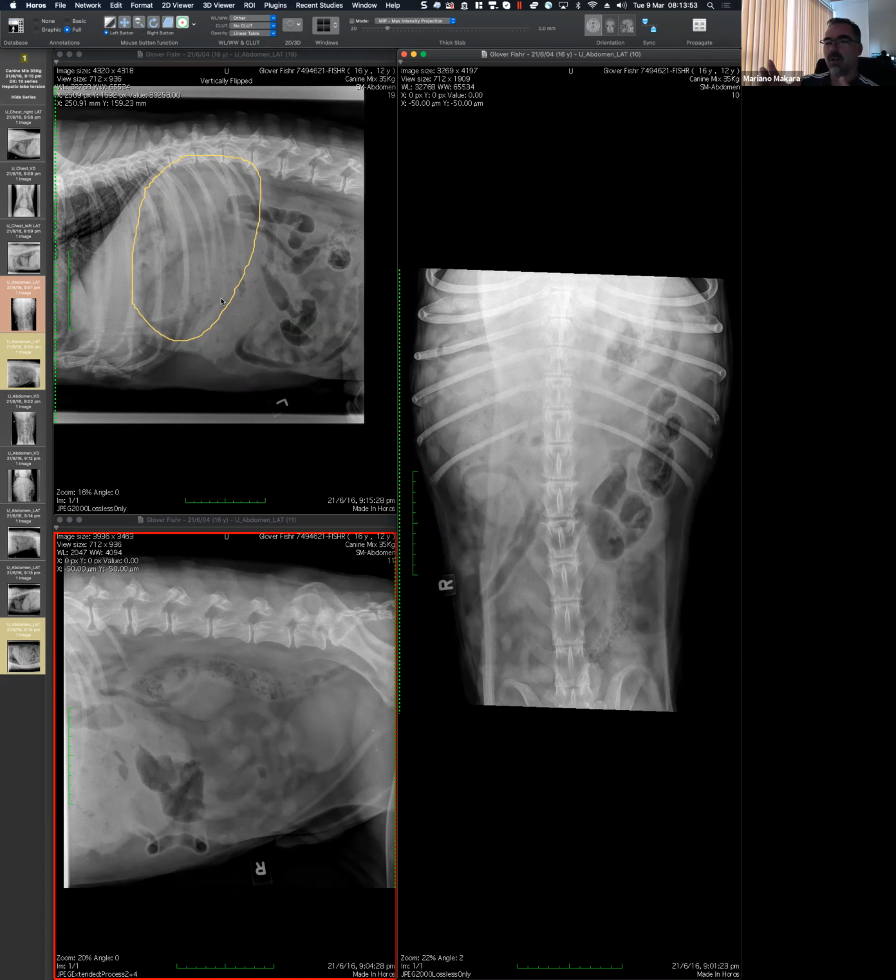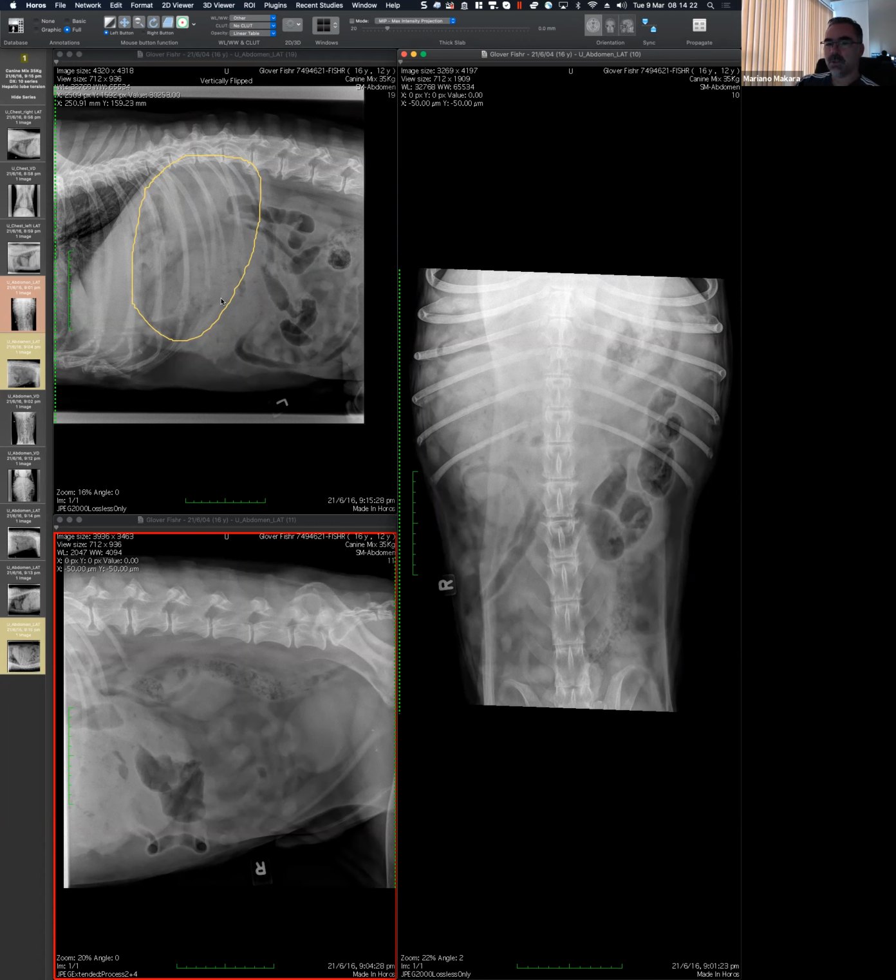One is that the outline of the mass seems to be running from a different line compared to the one that you drew. The second point was there seems to be not only a mass, but also a mass effect. Yeah, this displacement of the small bowel. Very interesting descriptions, and I completely agree, I think somehow this is tricky.